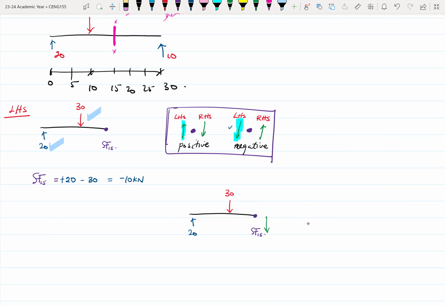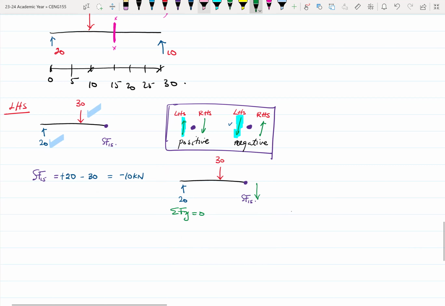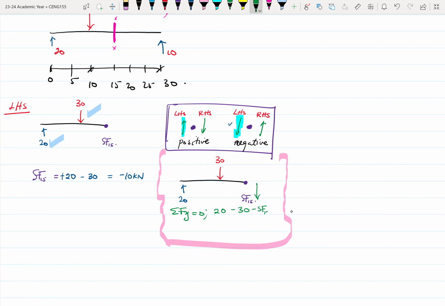So if I sum vertical forces, I'll get 20 going upward, minus 30 coming downwards, then minus the SF15 coming downwards, and that'll give me 0.